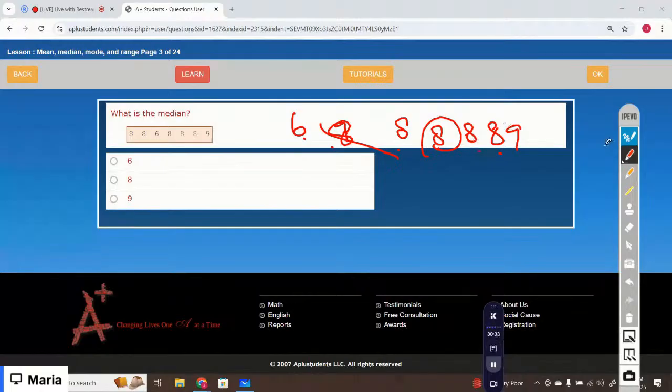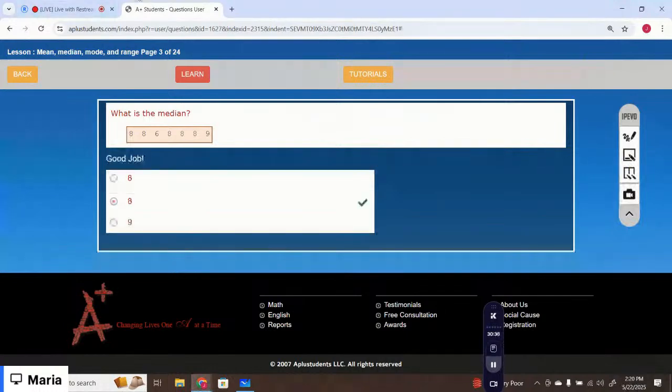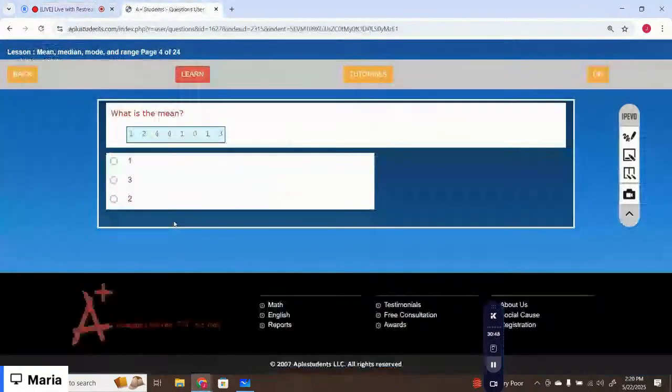So the median is one of the given options. For the mean, we need to add them all and divide by the number of values given.